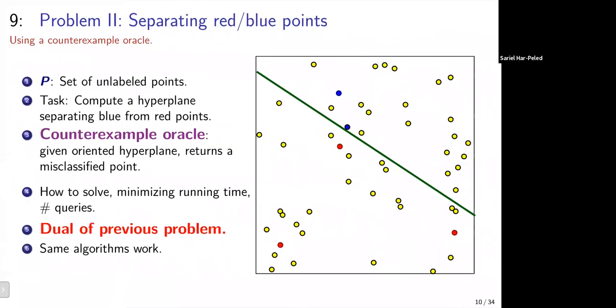And then we ask this line, and the oracle would say, yes, this is it. This is the line separating it. So here it's easier to understand why it's called the counterexample model, counterexample oracle. If you think about it for a bit, you would realize that this is just the dual of the previous problem. So the same algorithms work.